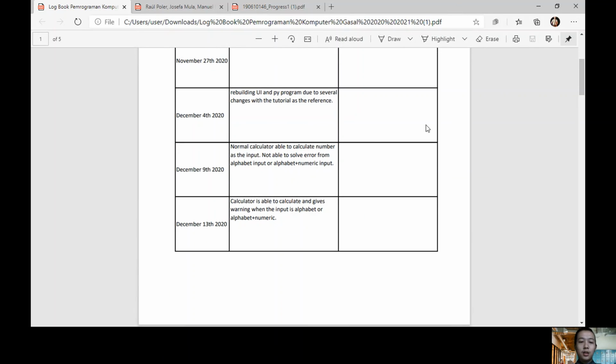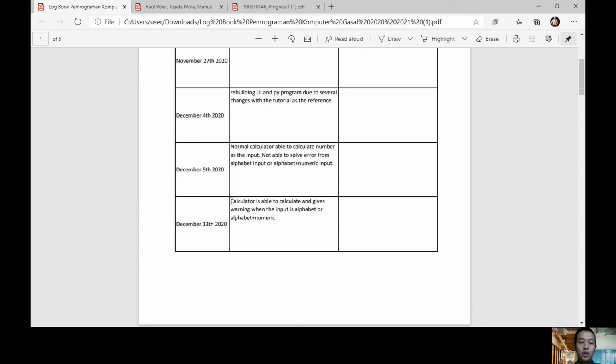And then this is the next progress. The normal calculator was able to calculate the input, but for numerical input only. For alphabet and alphanumeric input, it was unable to calculate and the program would close as we pressed the calculate button.